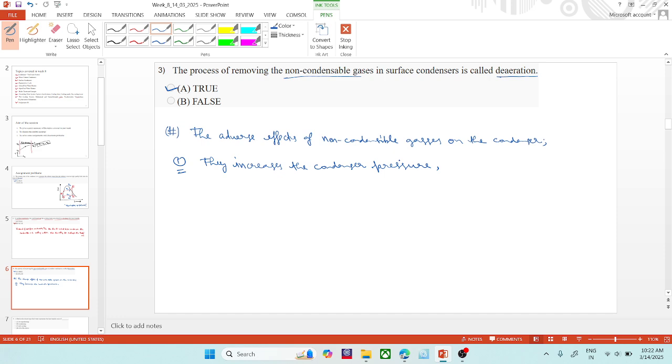So these non-condensable gases try to increase the condenser pressure.